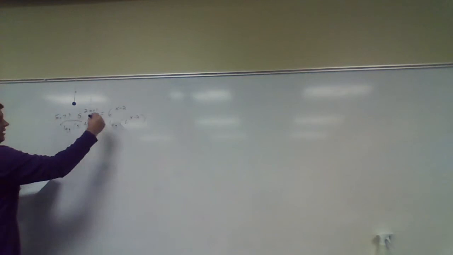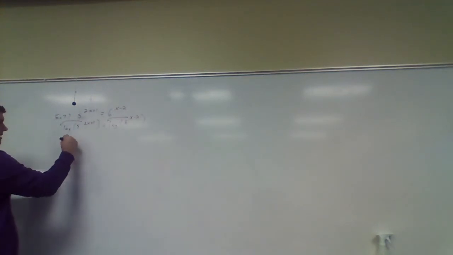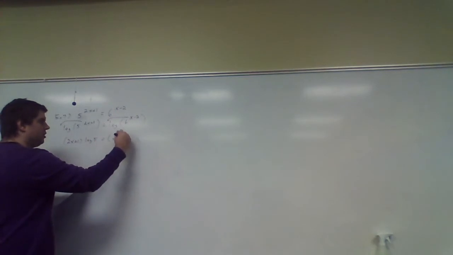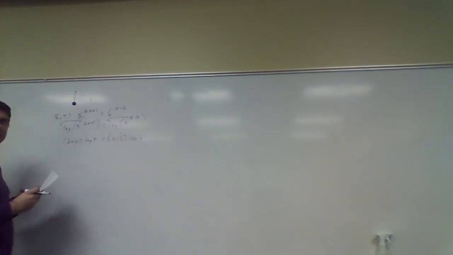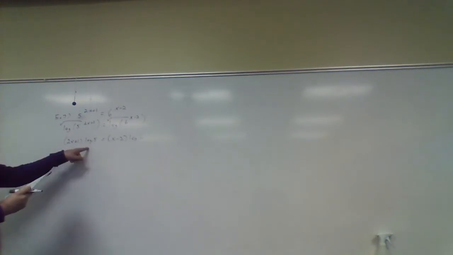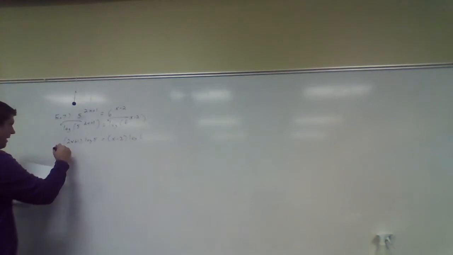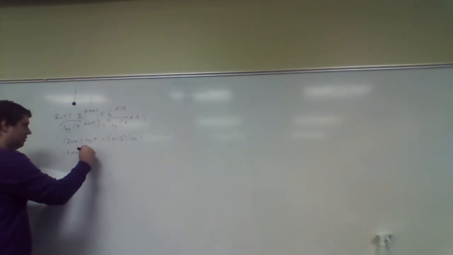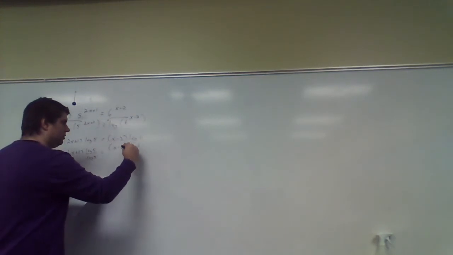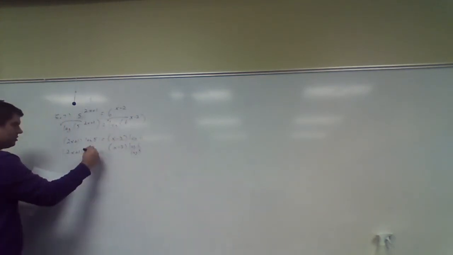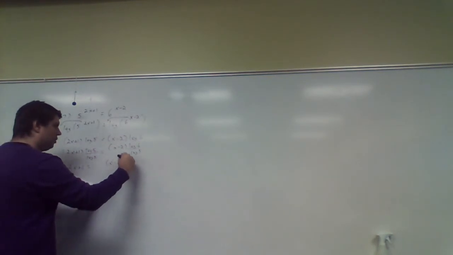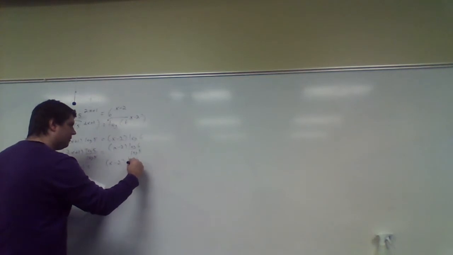So I'll take the exponents to the front, and you'll end up with 2x plus 1 in parentheses times log 5 equals x minus 2 times log 6. I normally just do the one on this side, so I'll divide both sides by log 5. And these will cancel, and you'll end up with 2x plus 1 equals x minus 2 times log 6 over log 5.